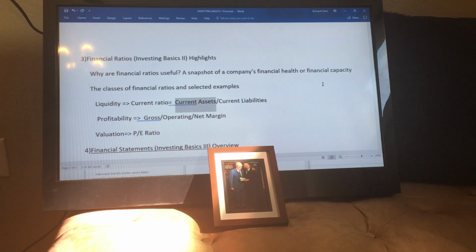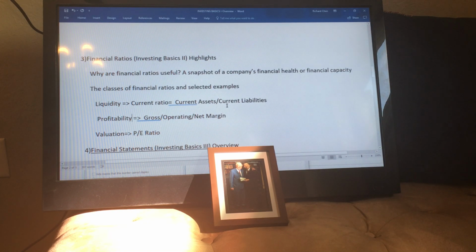And current liability is anything that's currently due or will be due in the next year as well. So it gives you an idea, for the next operating year, what resources the company has to be able to meet its liabilities, and how solvent it is. We can come back to that later if need be.